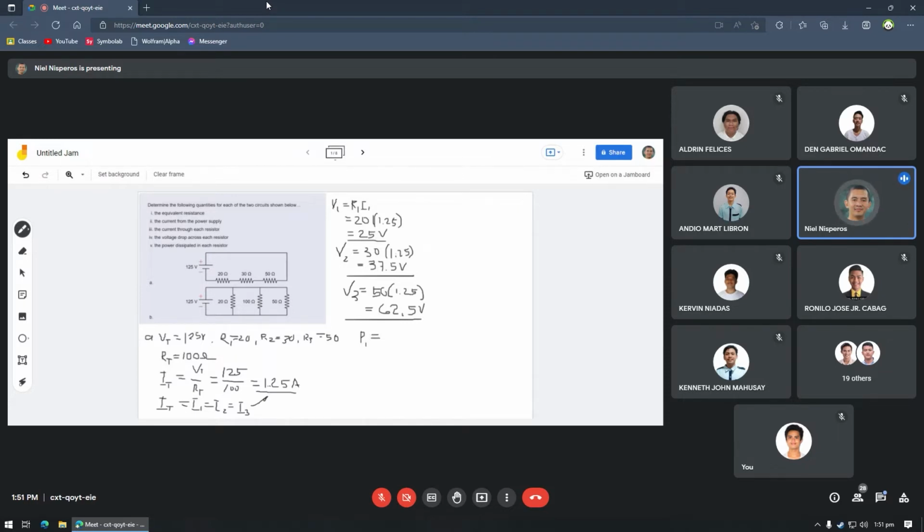You can use either P is equal to VI, or voltage times current, and then we also have I squared R and V squared over R. Either one. So for P1, let us use voltage 1 and I1. The voltage across R1 is 25 times I1, which is 1.25.